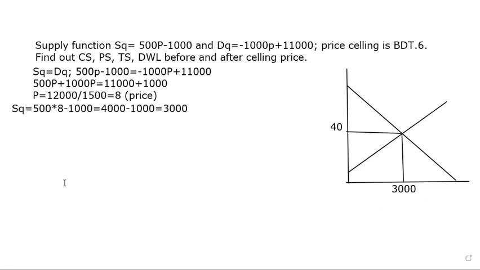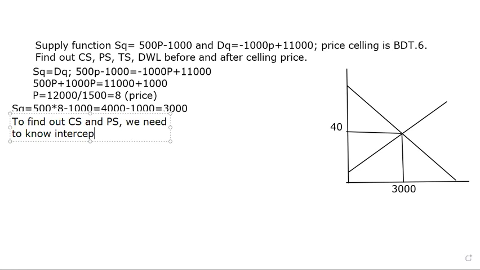To find our consumer surplus, producer surplus, and total surplus, we first have to find the intercepts. To find the intercept, we put the value 0 in the quantity function. First the producer: we set the supply function equal to 0.